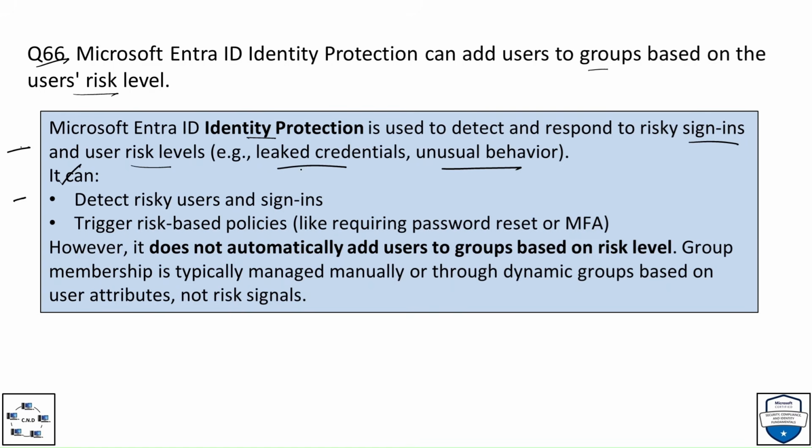It can detect risky users and sign-ins, and trigger risk-based policies like requiring password reset or MFA. However, it does not automatically add users to groups based on risk level. Group membership is typically managed manually or through dynamic groups based on user attributes, not risk signals.